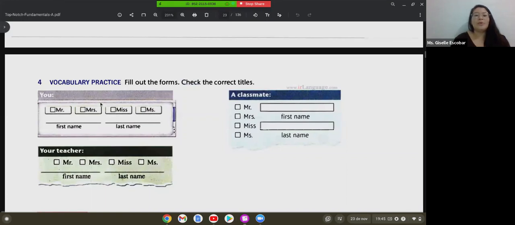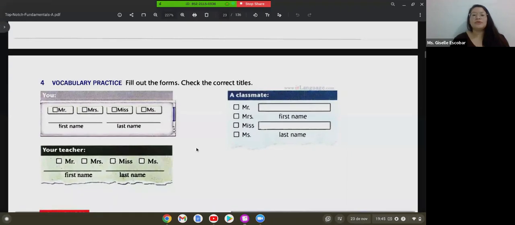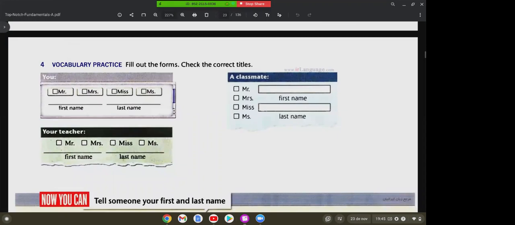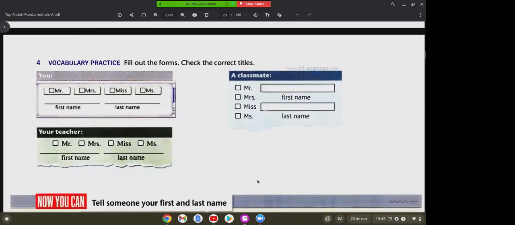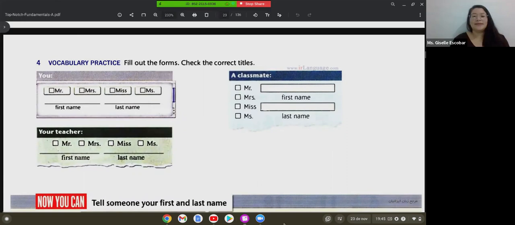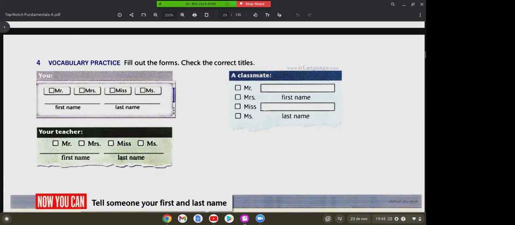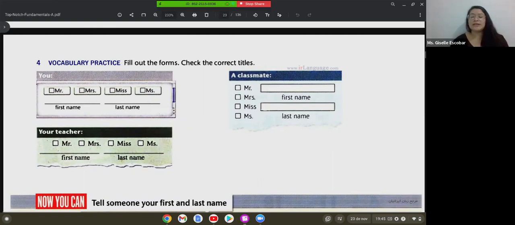So, for example, yo escribiría Miss Giselle Escobar, your teacher, Mr. Alejandro García, a classmate, ¿sí? Do we understand what we have to do? Ready, teacher. Okay, awesome. So I'm gonna give you a couple of minutes for you to fill out the forms.